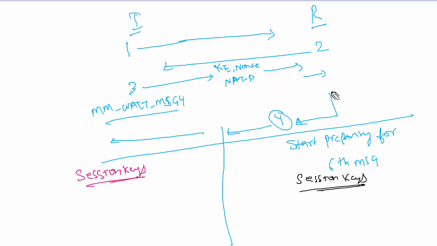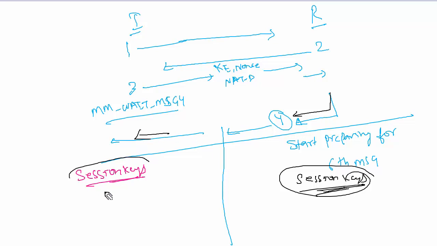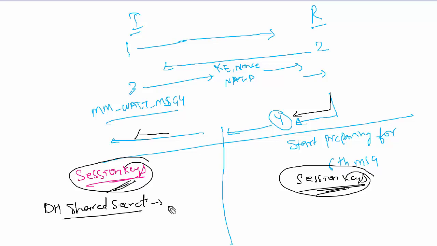So the moment the responder sends the fourth message, it will start creating session keys. The moment the initiator receives the fourth message, it will start creating session keys. How are these session keys generated? To generate session keys, first of all, they both calculate the Diffie-Hellman shared secret.